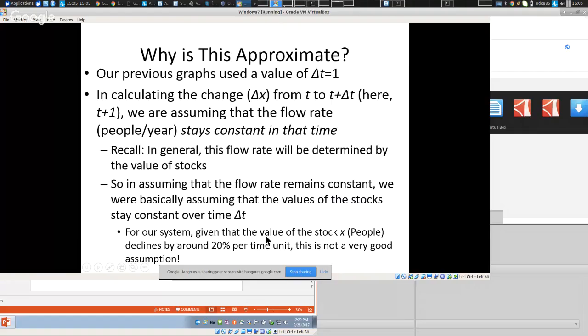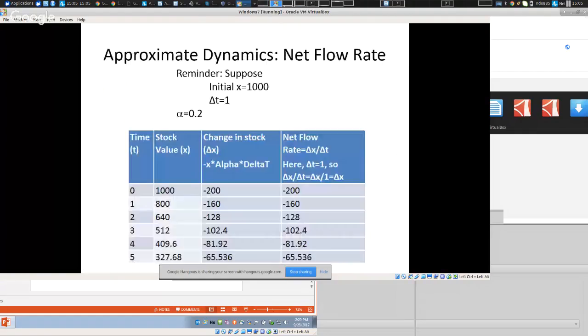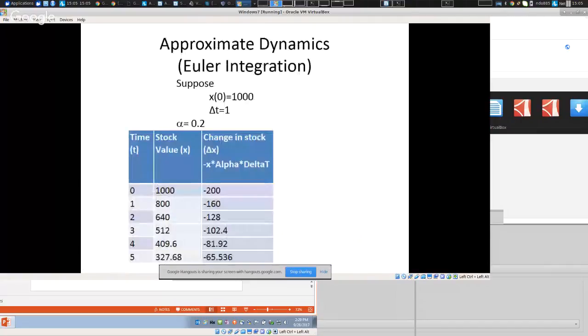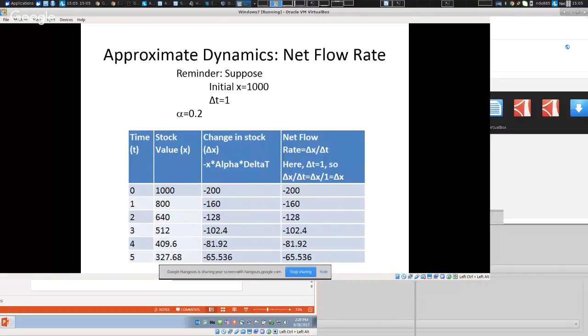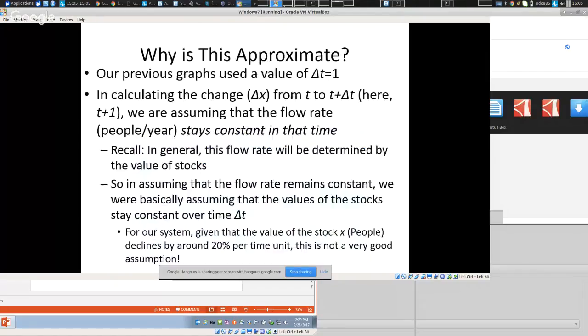Okay, why is this approximate? Why isn't it exact? If your step is smaller, you're going to get somewhat different numbers, okay? We're assuming here a step size of 1. And in so doing, we're assuming that the flow rate between time 0 and 1 stays constant for that entire period.